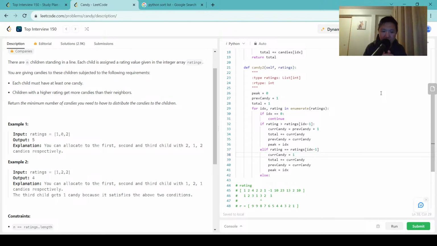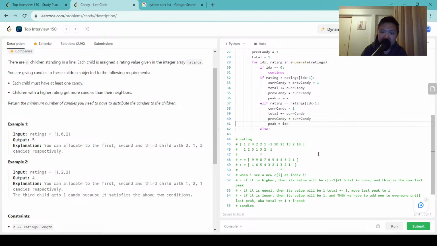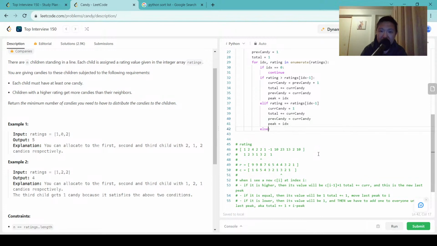We reset all the way down, just like in this example over here. Total plus equals current candy, yep. Previous candy equals current candy, yep. And peak equals IDX.